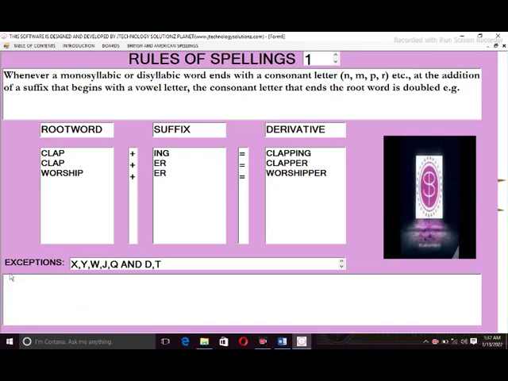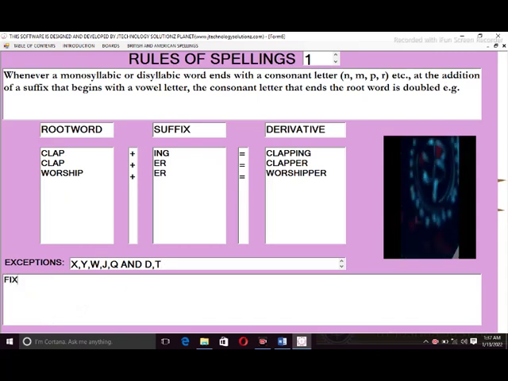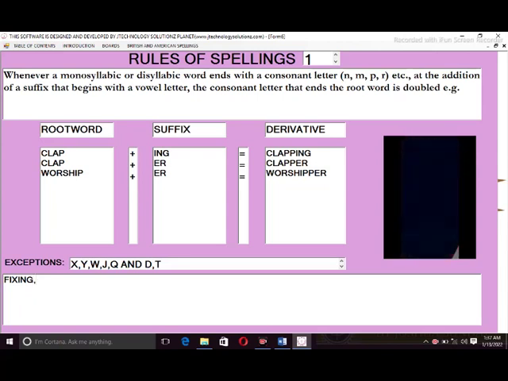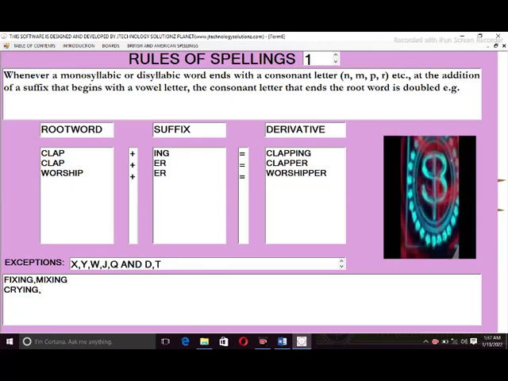Now let's look at some examples of X. We have fixing. You don't double the X. Mixing. The X is not doubled. For Y, you have a word like crying. You have a word like buying.